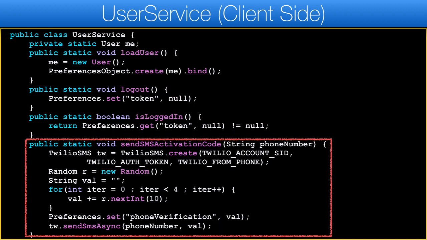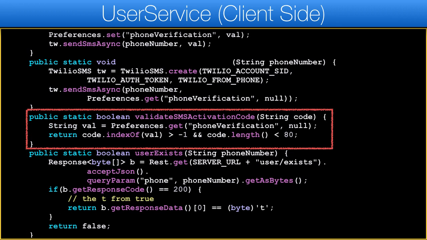I'm creating the 4-digit verification code and sending it via the Twilio SMS web service API. I'm also storing the value in preferences so I can check against it when it's received, even if the app dies for some reason. This method is invoked to validate the received SMS code.